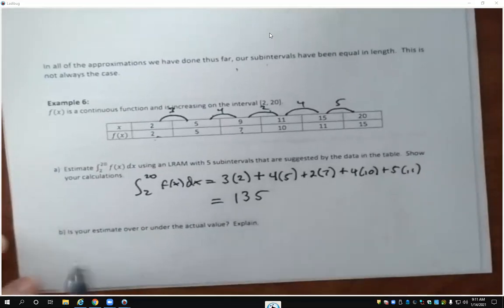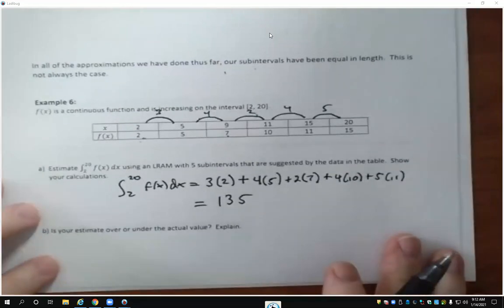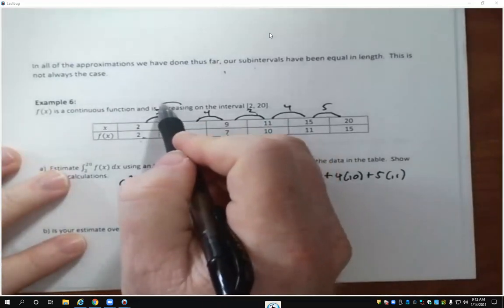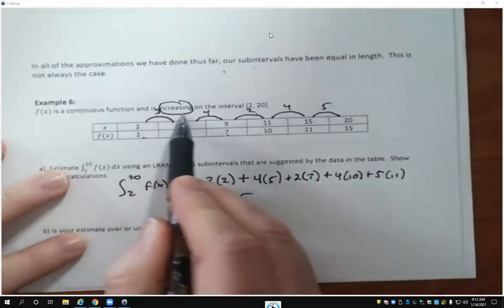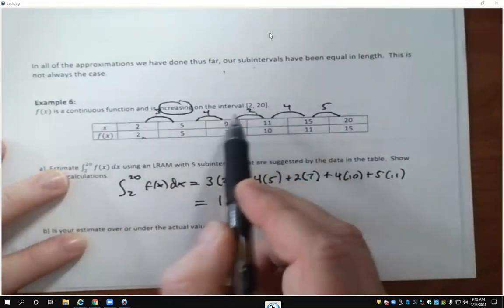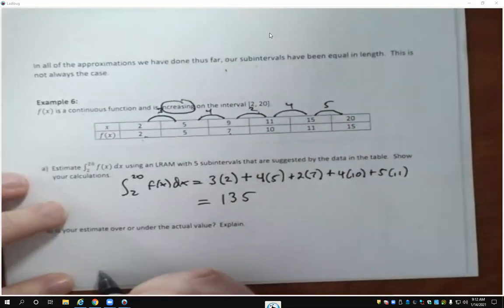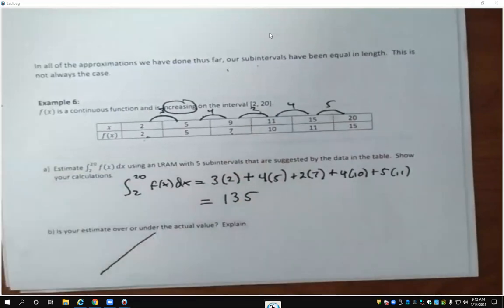Now it's going to ask you, is this an underestimate or an overestimate? I'll tell you how to do that and then how we're going to write it. This is obviously key right here. It told us it's a continuous function that is increasing on this entire interval. You're not going to get one increasing and decreasing at the same time. So we're increasing. I told you the other day, just draw a line that's increasing.